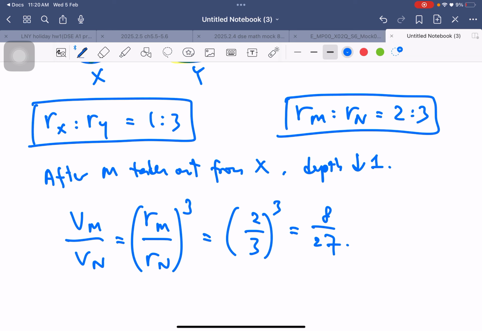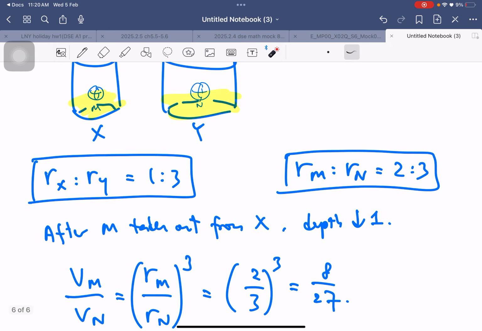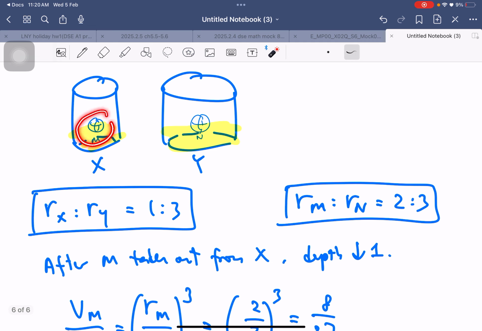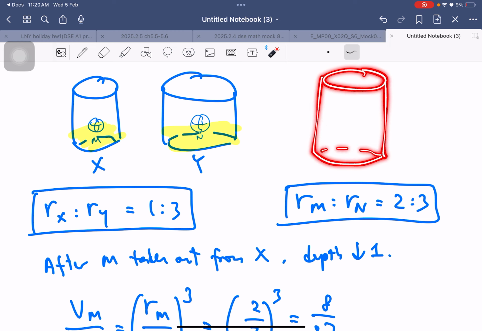Yeah. And then you need to think about when we take out the ball from the cylinder, why the water level will be decreased? Because of the ball itself. If you take away the ball, then the volume of the water decreases. The water itself won't decrease. So this is originally the water level.